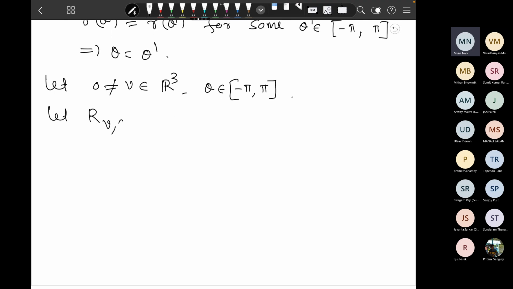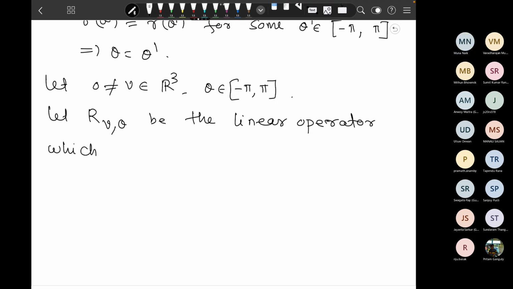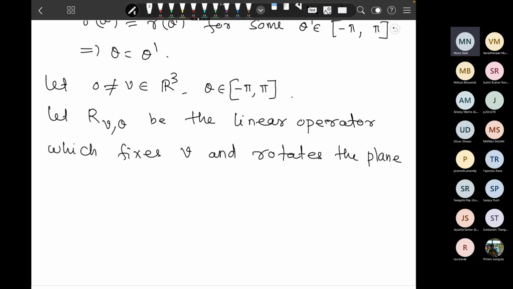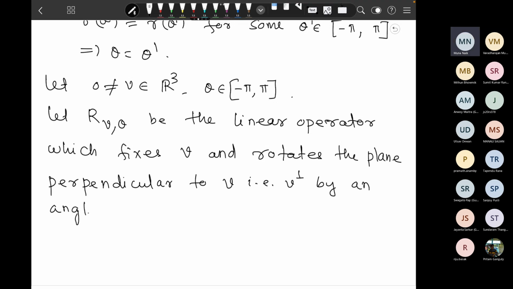Let R v comma theta be the linear operator which fixes the vector v and rotates the plane perpendicular to v, that is v perp, by an angle theta.